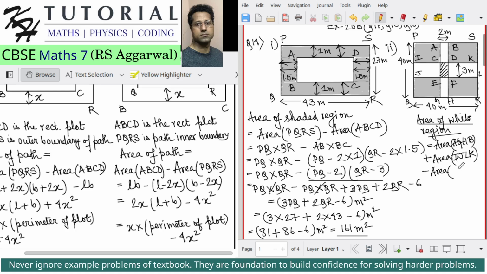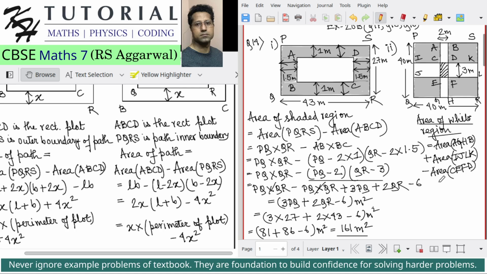If you add up the areas of rectangles AGHB and IJLK, then you are adding the common region, which is CEFD, twice. So we have to subtract this overlapping or common region once.